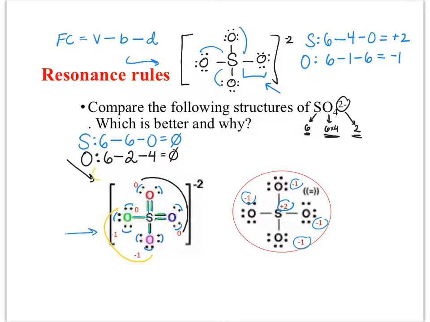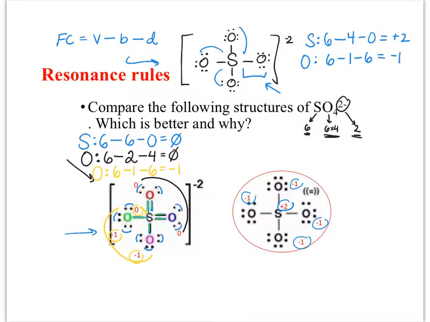For the oxygens that I have bracketed in yellow, 6 valence electrons minus 1 bond minus 6 dots gives me a -1 for each of those. So that's where I'm assigning those numbers in red. That 0 goes to the sulfur.